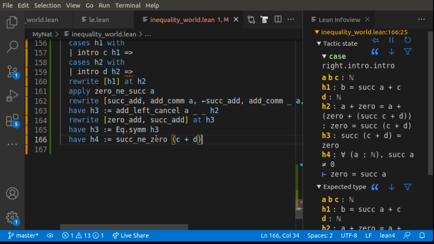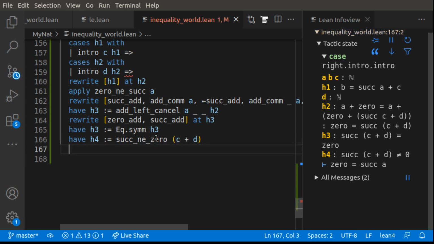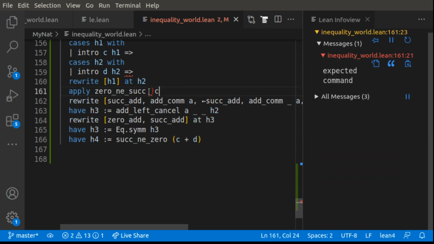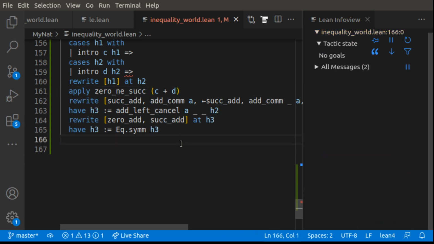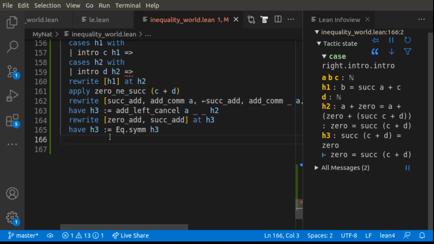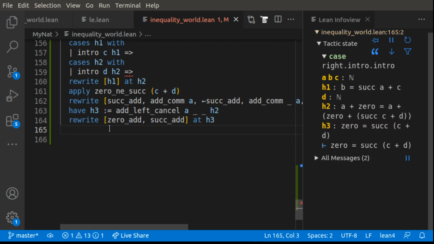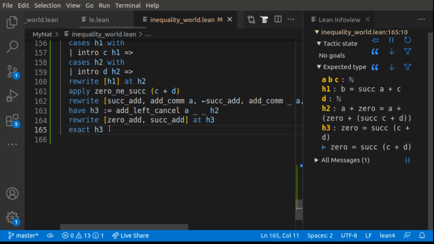C plus D. Or I guess instead of having B successor of A, we can do successor of C plus D. C plus D. Exact H3.